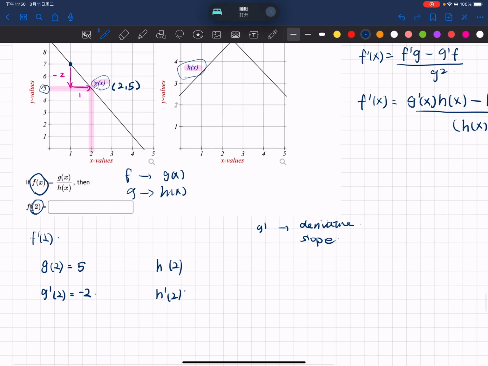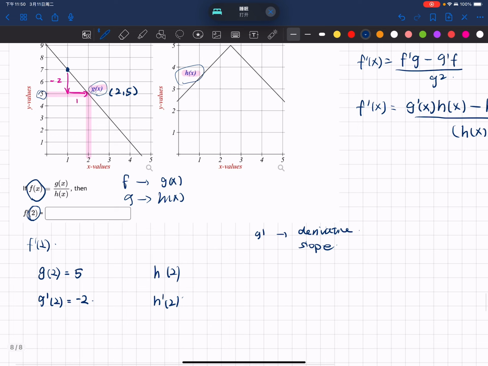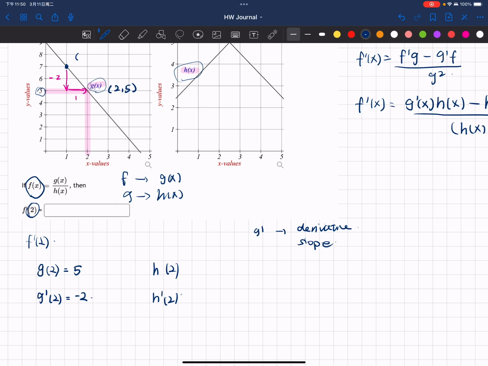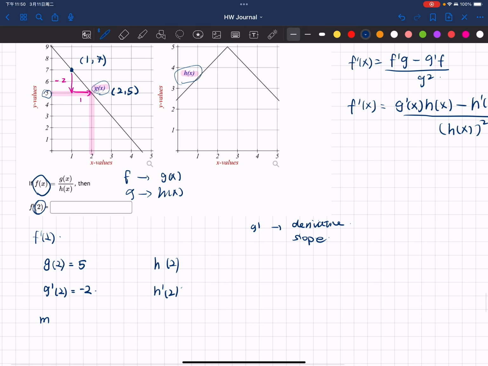There's another way to investigate. From the previous point, we could see when x equals 1, y equals 7. So g of 1 equals 7. Then we can use the formula to find slope, which is y2 minus y1 over x2 minus x1.